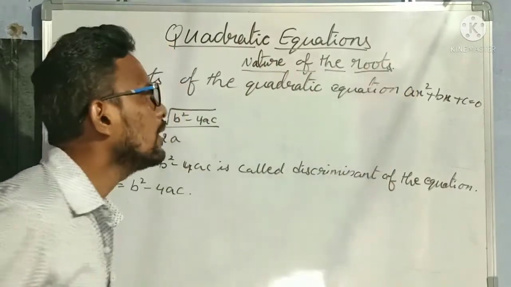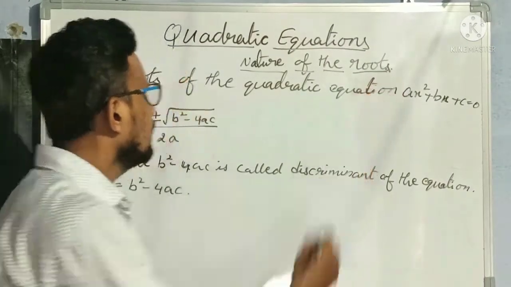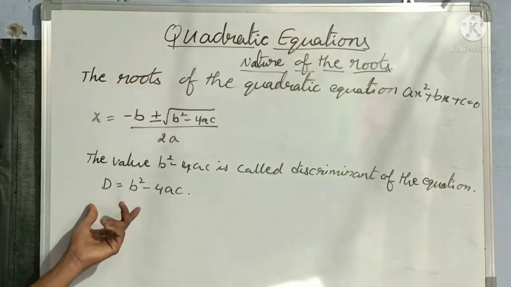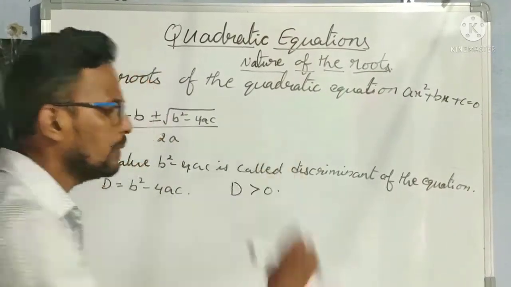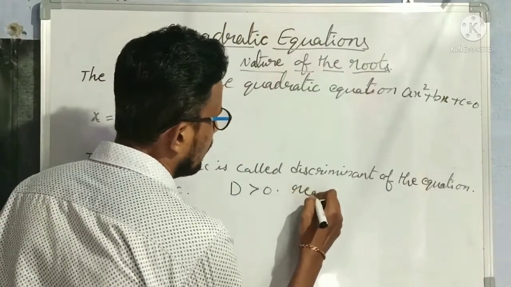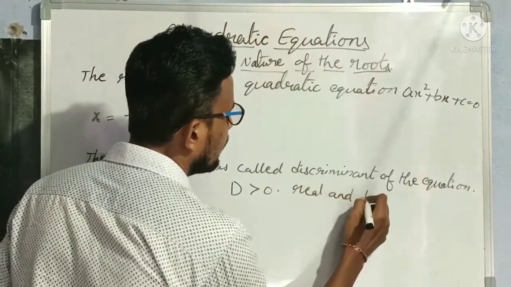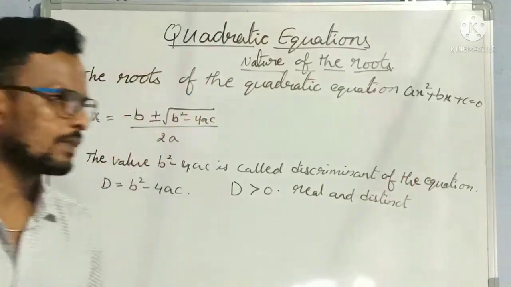So how can we find out the nature of the roots? Means by seeing the value of the discriminant. See here, if our D value is greater than 0, then the roots are real and distinct. Distinct means different values.